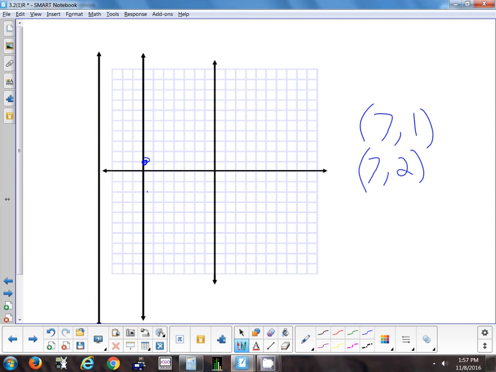If I pick the point down here, we'll call that 7, comma negative 2. Uh-oh. I got repeats in the domain, right? I can't have that, right? If you can't see it visually, that's another reason why, because the domains or the x coordinates are going to repeat.